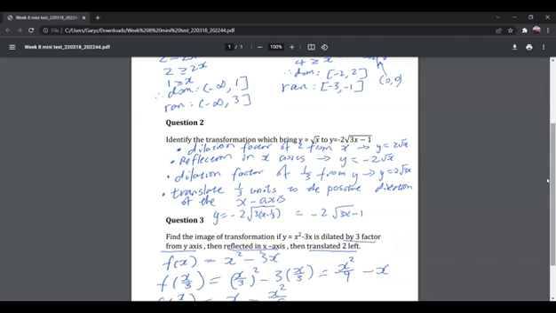And then here is the tricky part. Remember, when we're dilating from the y-axis, it's always the reciprocal of the factor. So if the graph is changed from x to 3x, we dilate by a factor of 1 on 3 from the y-axis. So it changes to y equals negative 2 times square root of 3x. And then we translate it 1 on 3 units in the positive direction of the x-axis, to the right.